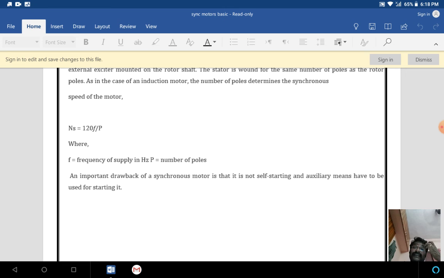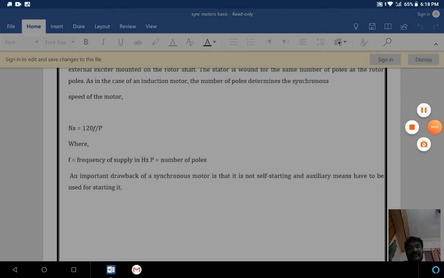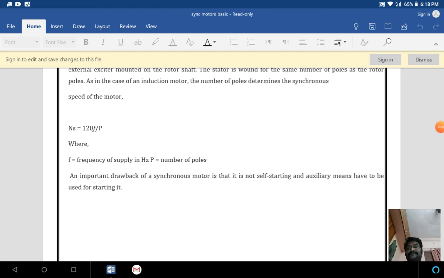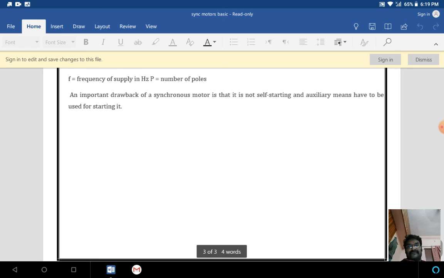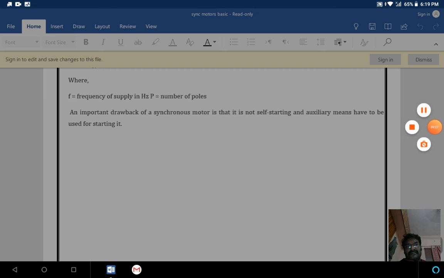The synchronous speed depends upon the number of poles, because the frequency we give as supply is 50 hertz and we will not change it. The only thing we can change is the number of poles. If the number of poles is 4, the machine speed will be 1500, like that. If the number of poles is 8 or 6, then the synchronous speed of the machine will differ. Okay, thank you.